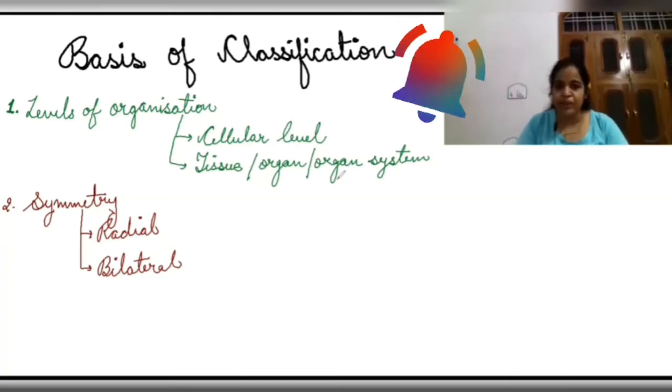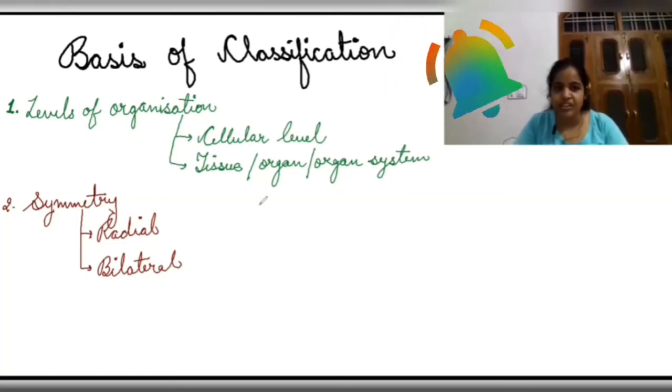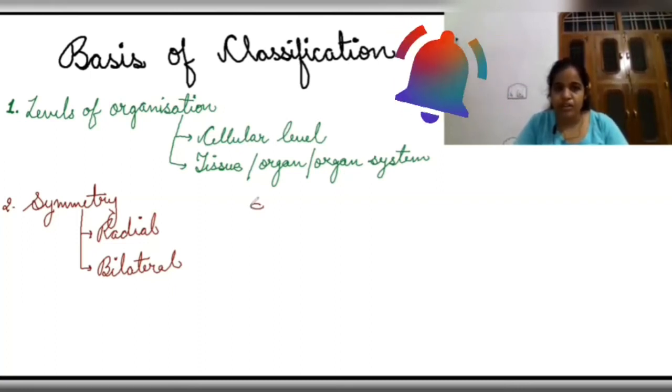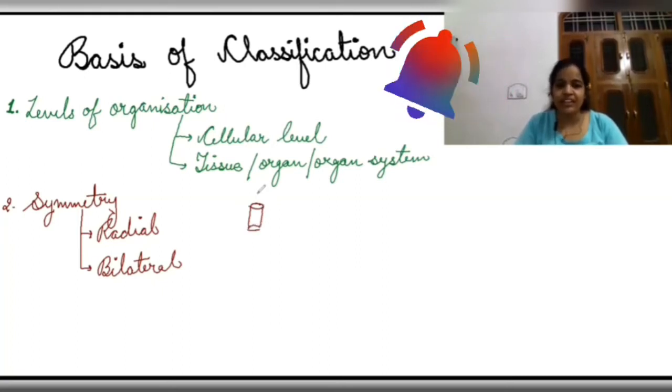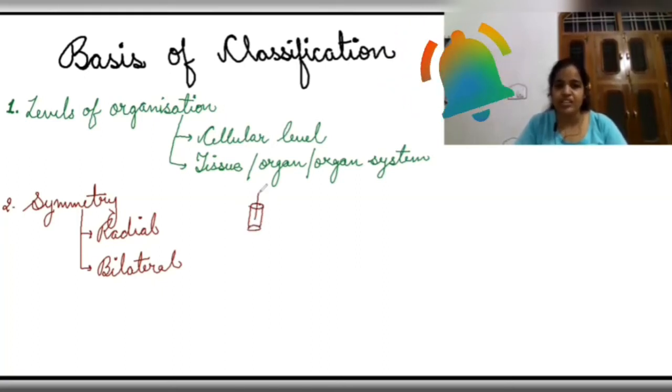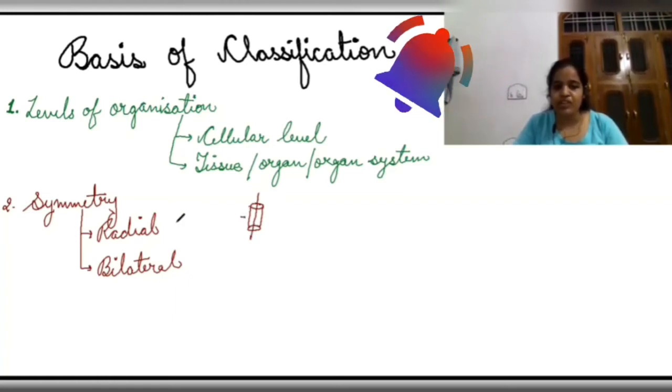For example, you can take a cylindrical structure, and you can divide this into half pieces with any plane, right? And this type of symmetry is known as the radial symmetry.